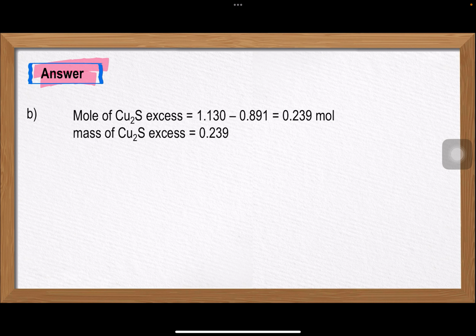The mole of excess is 1.13 minus the reacted mole 0.819, equal to 0.329 mole. Changing the mole to mass, the excess is 38.07 gram.